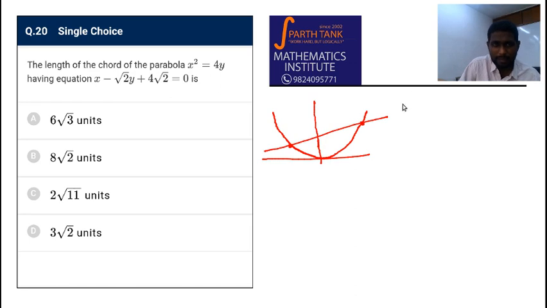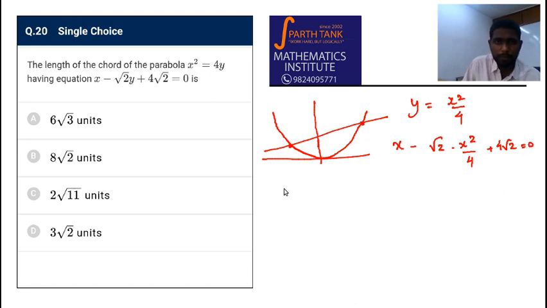Let us take from the equation for the parabola, y is equal to x squared by 4, and substitute that here in the equation for the line. Correct?